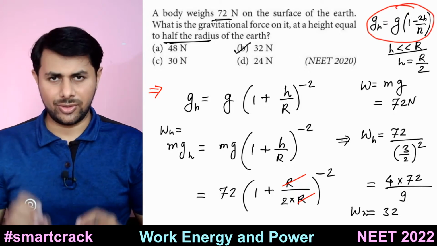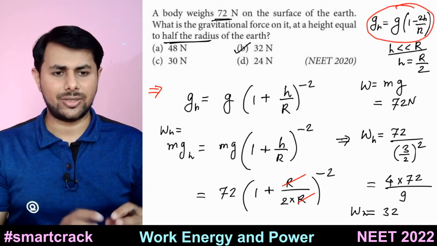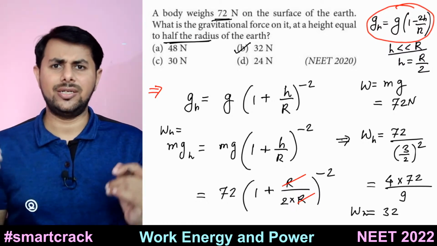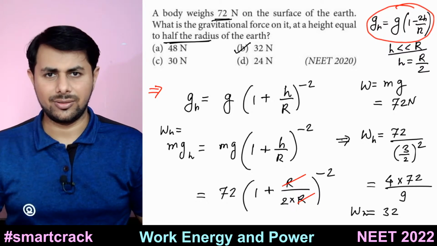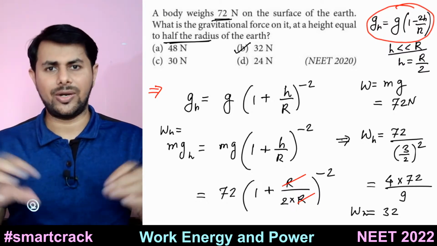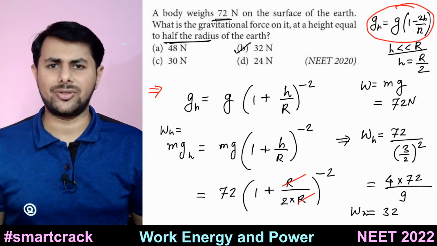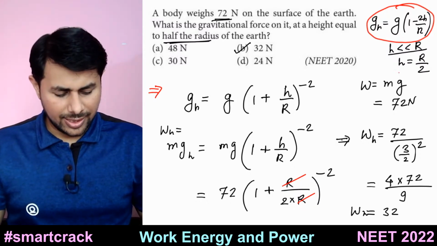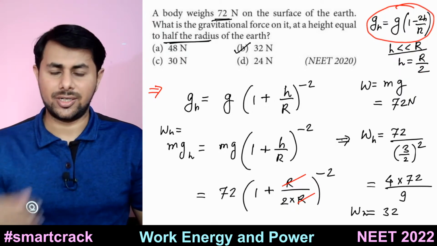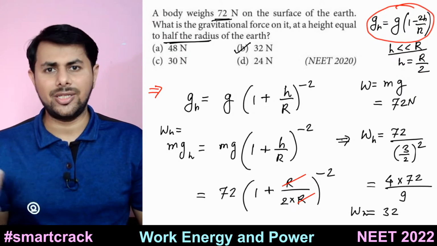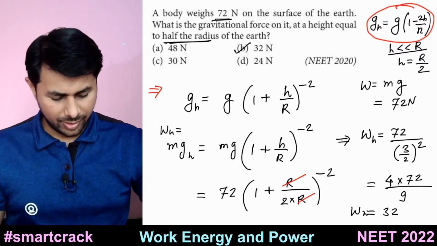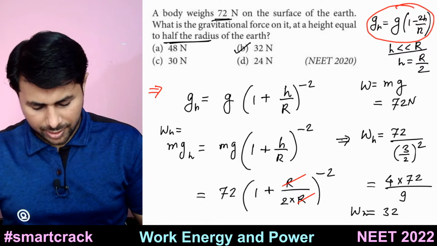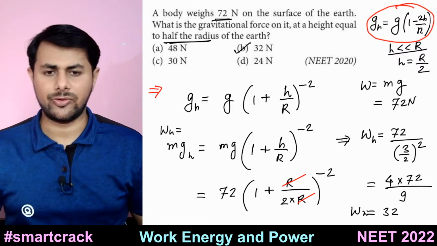So it is applicable only when h is very, very small compared to R. And if options are very far apart, then you can use up to 15% or something, not more than that. Here h is 50% of R. It is half of R. Half of R means 50%. So in this case we have to use this formula and not the approximate one.